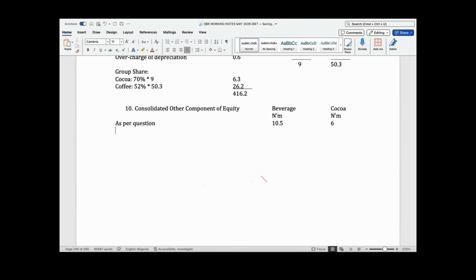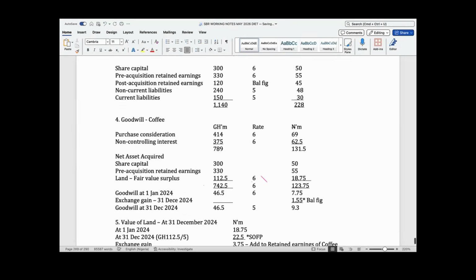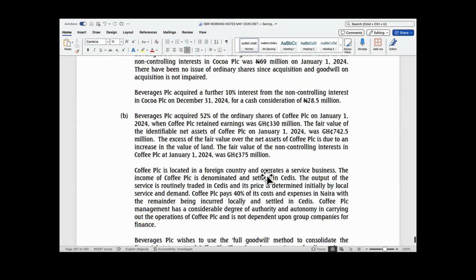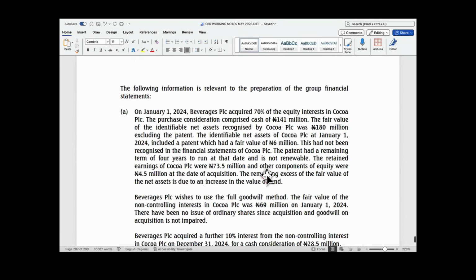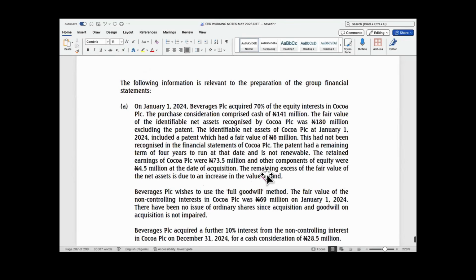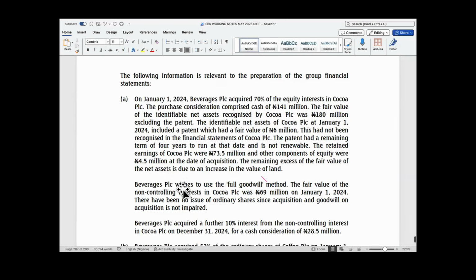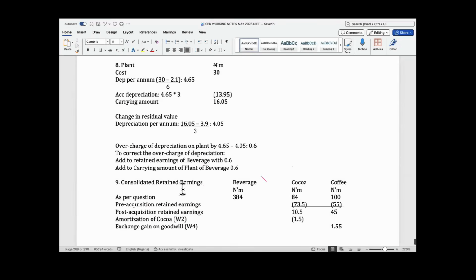I will deduct the pre-acquisition other component of equity. Now, in the additional information 1, in the second to the last sentence, when they give me the retained earnings of 73.5 at the date of acquisition, they also gave me other component of equity at the date of acquisition, which is 4.5.